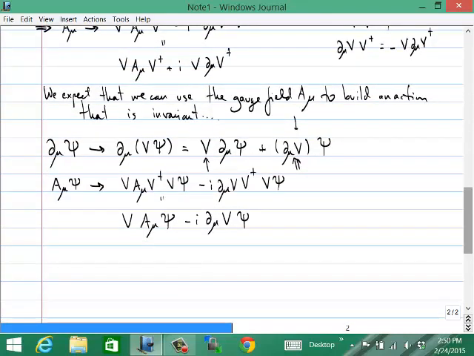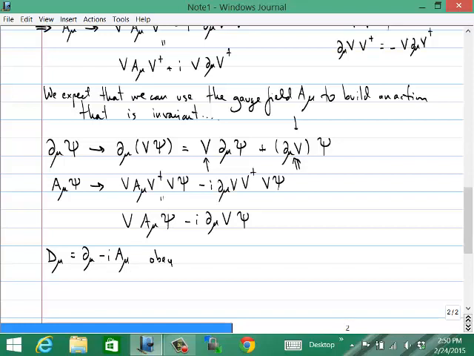So let's then consider the linear combination, which is the non-abelian analog of the covariant derivative, which is d by dx mu minus i times A mu.